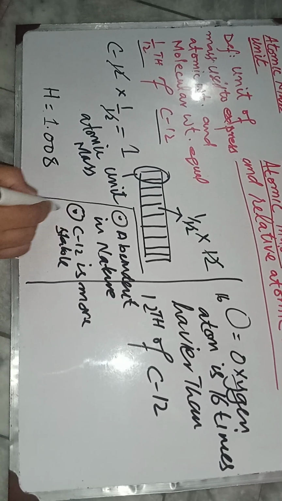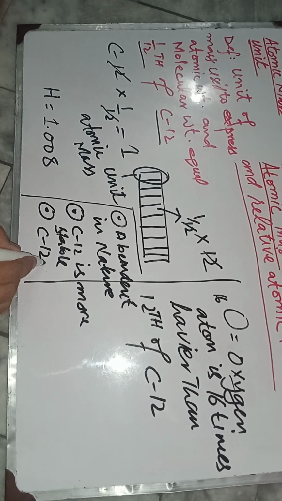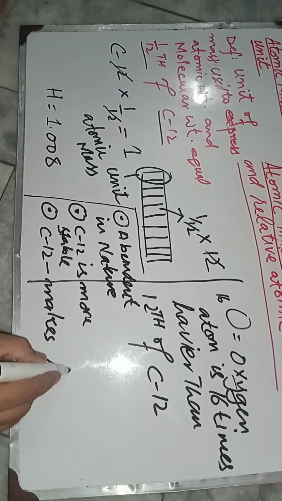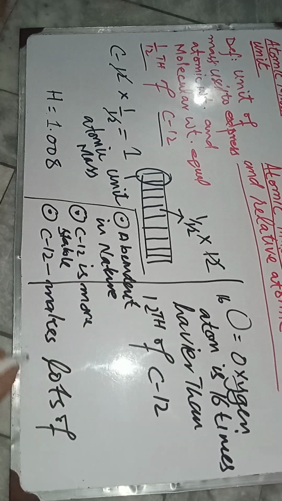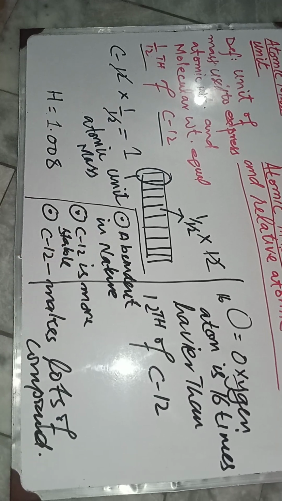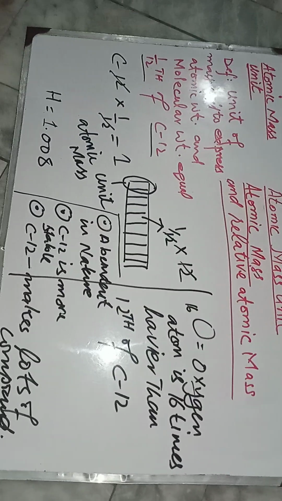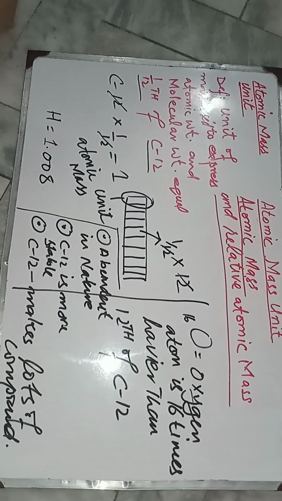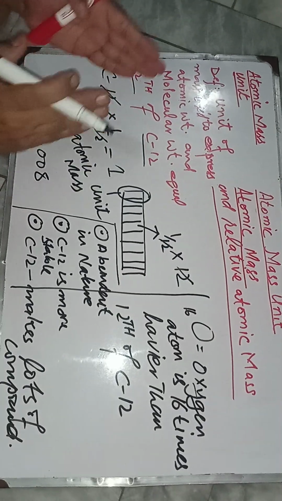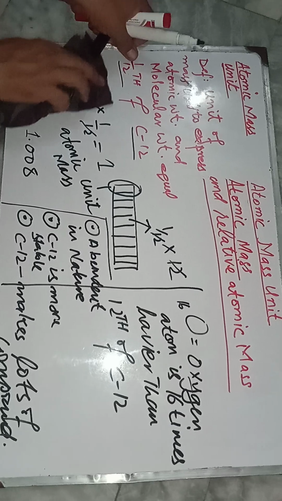And thirdly, it makes lots of compounds. So many other reasons are also there, but these three are enough for you to answer a question. A question would be like, why is carbon 12 taken as a standard? If you have got the atomic mass unit, then we will go to the relative atomic mass.